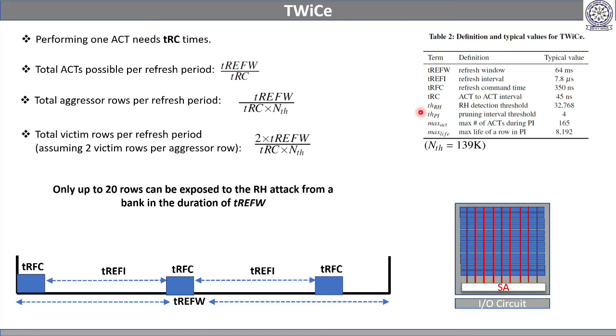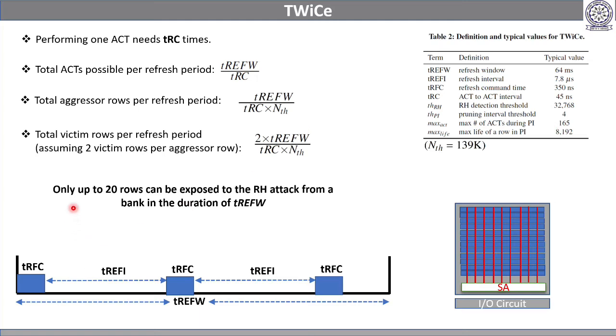That's why this detection threshold, what I said earlier, must be less compared to the actual threshold. If the actual threshold is 139,000, then in this paper they consider the detection threshold as 32,768. The value they have considered here is mathematically correct. I am not explaining today how they came up with this value, but in the next class I will explain how this value is considered here.